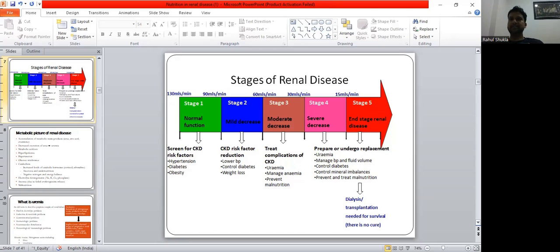And as the stage progresses from stage 3 to 4 and 5, there is a disturbance of mineral metabolism. So calcium phosphorus management is also an important part as the stage progresses. And at the stage of end-stage renal disease, we need to prepare the patient for dialysis and transplantation.